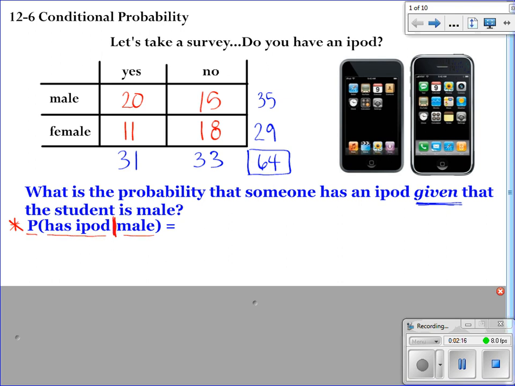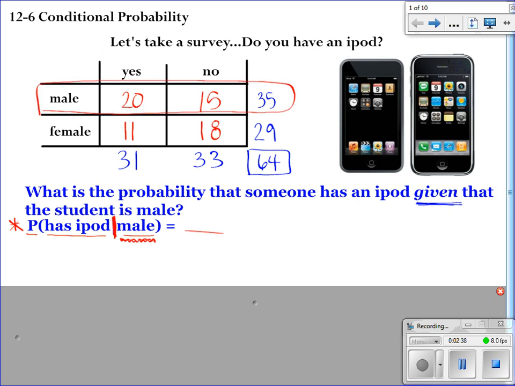So we know part of the information. We know that this person is a guy. You could also think of this as your fraction bar. So we're only looking at men right here. On our table, we're only looking right here.